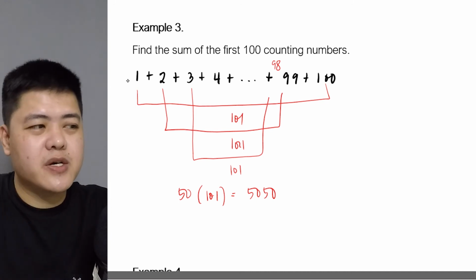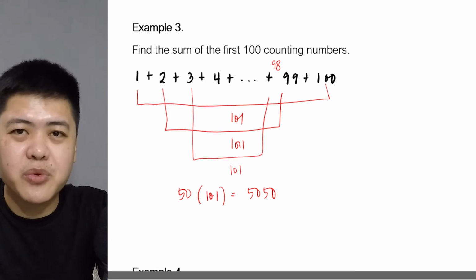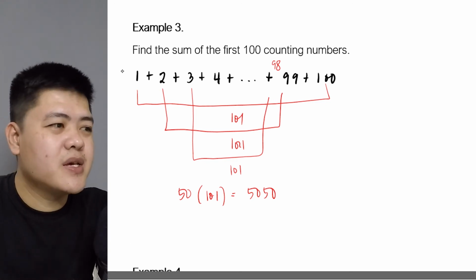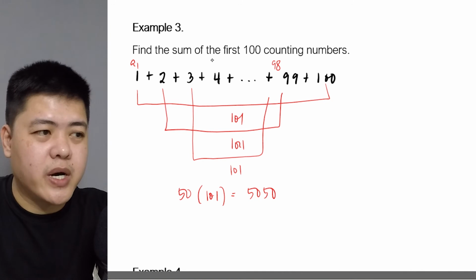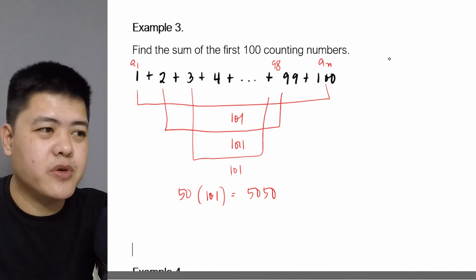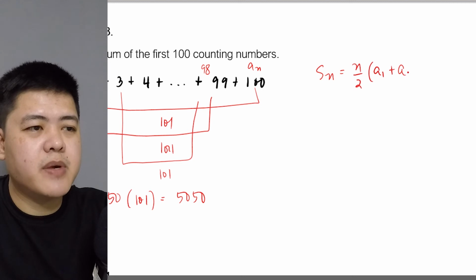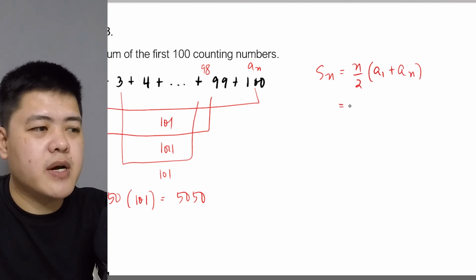Ito, yung ginawa ni Carl Gauss dito is actually the formula that we have. S sub n over 2 equals a sub 1 plus a sub n. This is a sub 1, which is 1, and a sub n is 100. And there are 100 terms. So, yung formula natin, S sub n equals n over 2 times a sub 1 plus a sub n. n over 2.